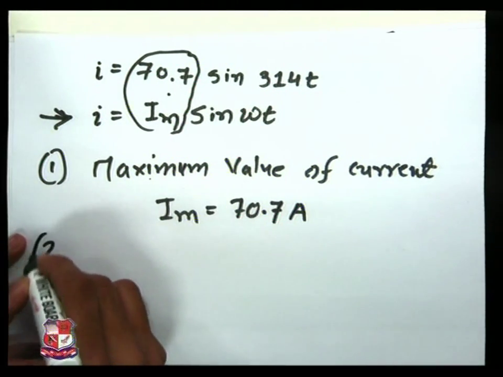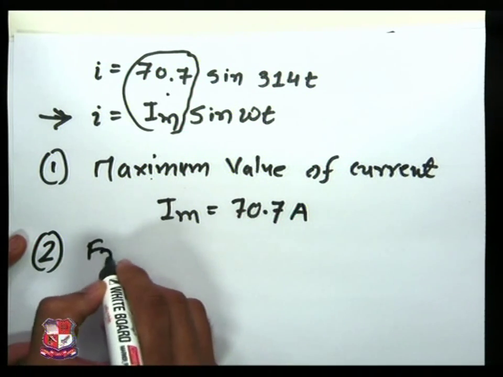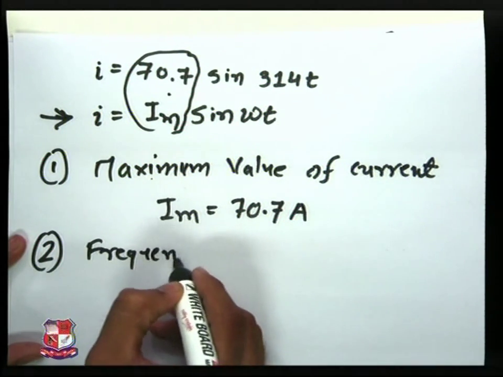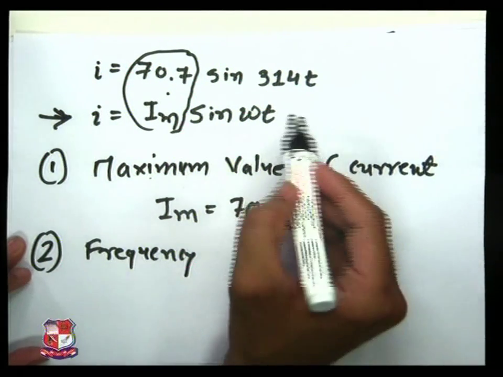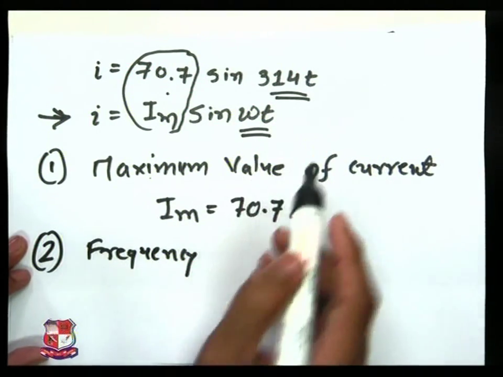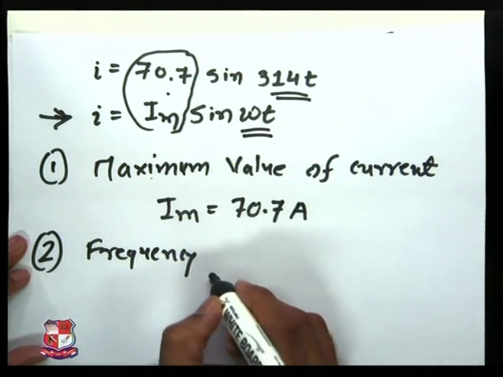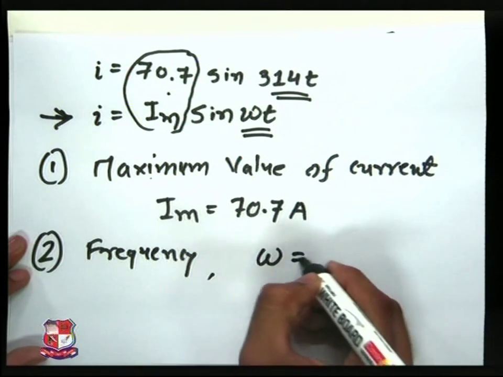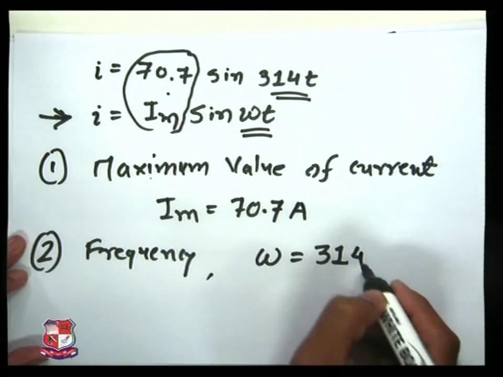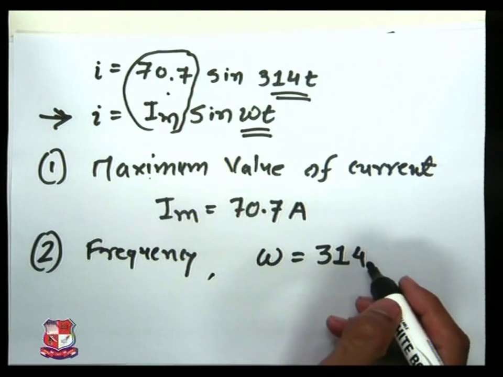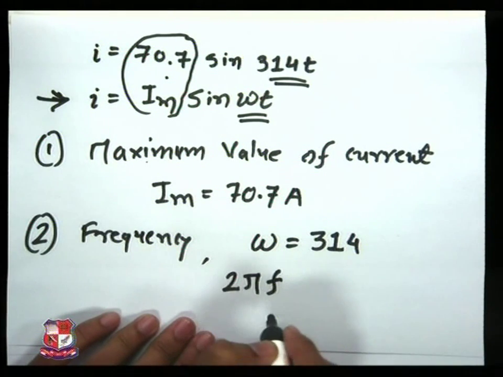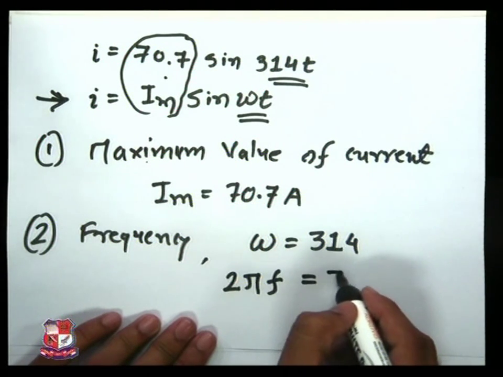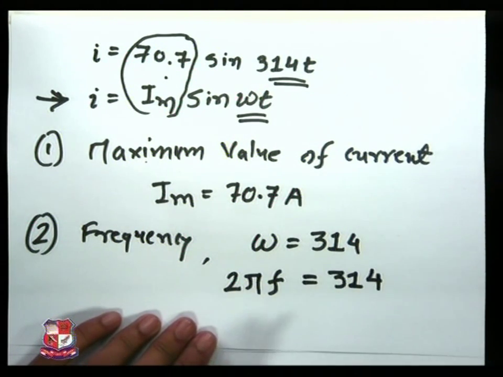Now the second is frequency. How can I get frequency? By comparing these two terms, omega t and 314t, I easily know that the value of omega is 314. Now in place of omega we write 2 pi f equal to 314.